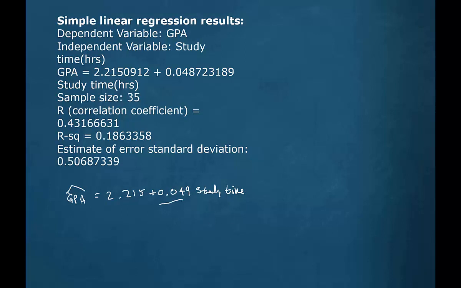Our slope coefficient is 0.049. We would interpret that slope coefficient by saying for each additional hour of study time, we can expect GPA to increase by 0.049 points.